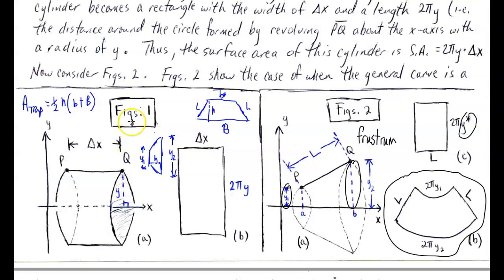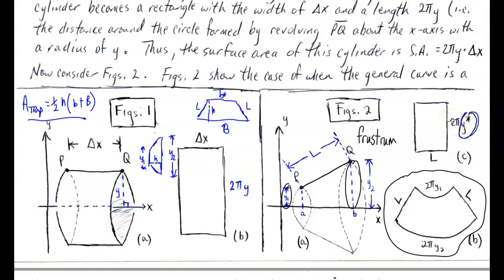Okay. So my point here is that this circular frustum, if we were to roll it out and rearrange it, is basically going to look like this trapezoid here. And if we replace the little b and big B with y1 plus y2, then that is essentially what this y star ends up being.